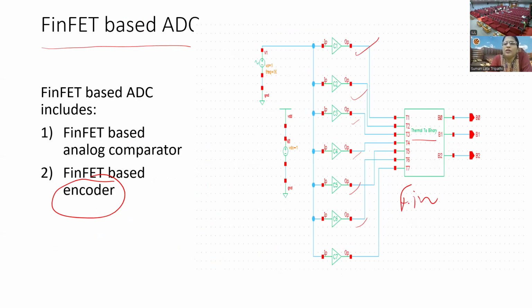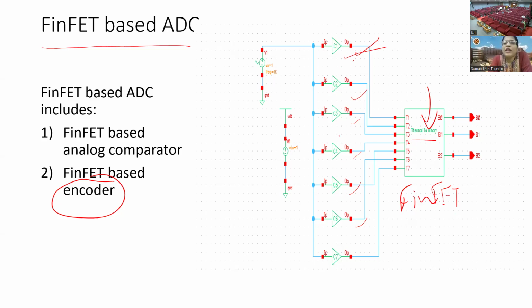You already know the encoder is a kind of digital circuit where you can use logic gates. After designing some logic gates, you can design the encoder also. This encoder is based on FinFET only, but here only the block has been shown. So all the blocks here, like the comparators and the encoder, are based on FinFET.